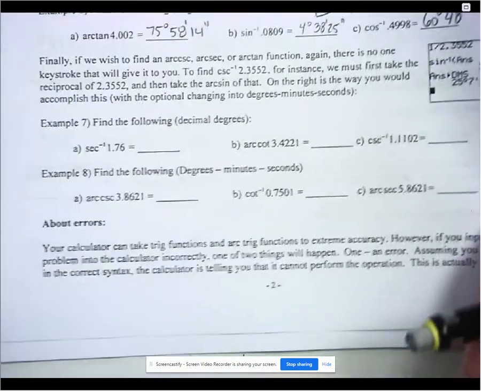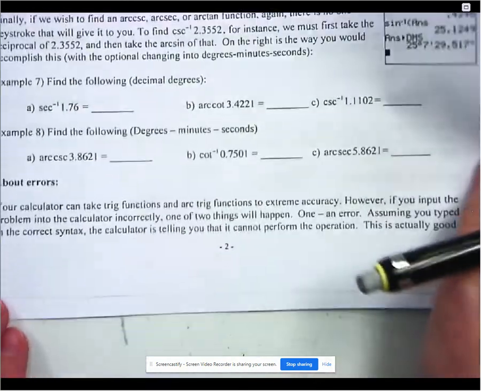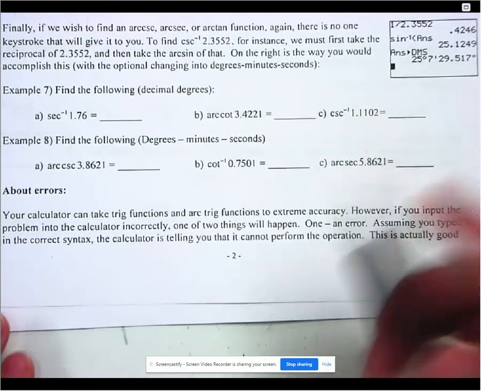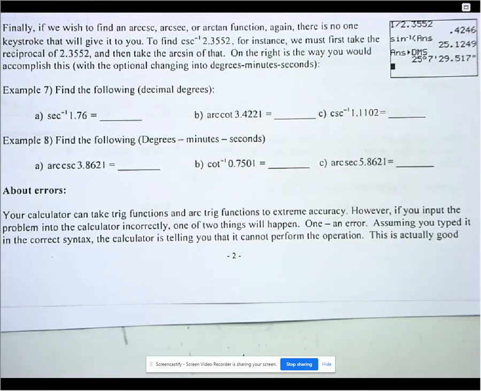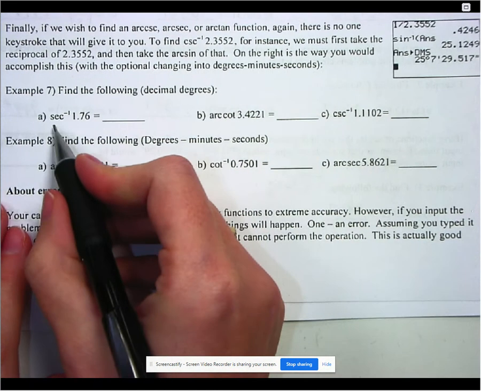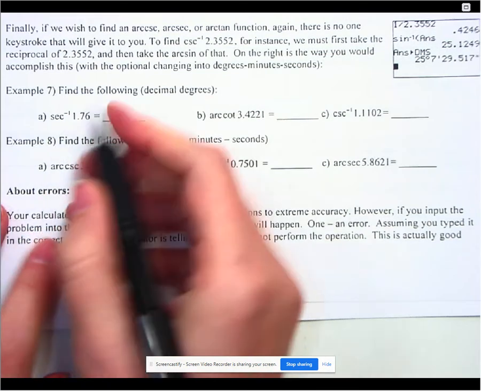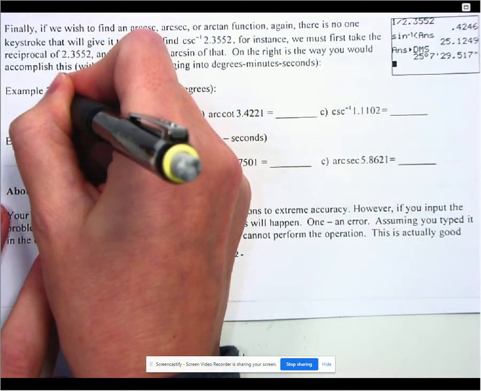Now, doing the inverse trig ratio for the reciprocal functions is way more difficult to remember what to do. So it's kind of complicated. So what we do is, if this is secant, its reciprocal is the cosine.